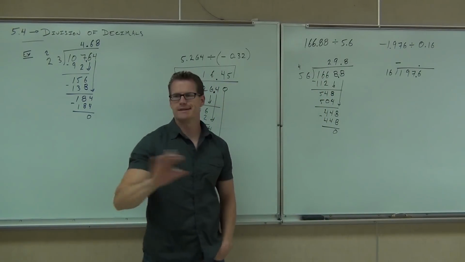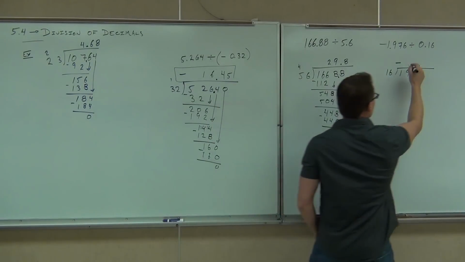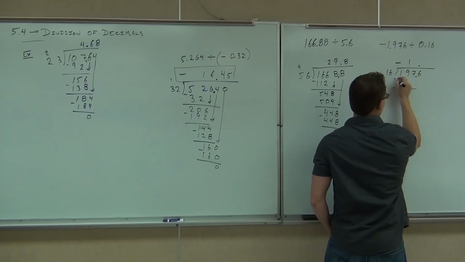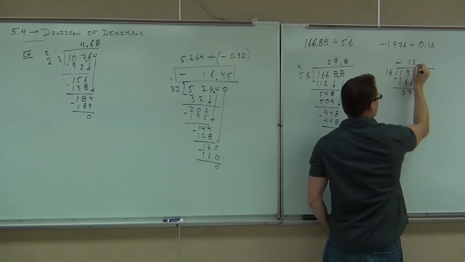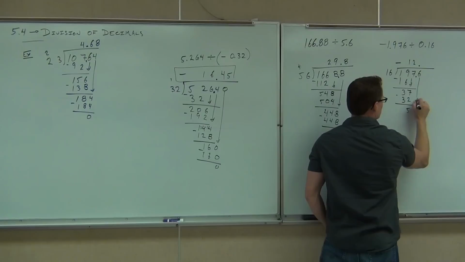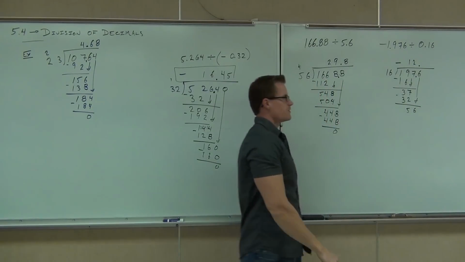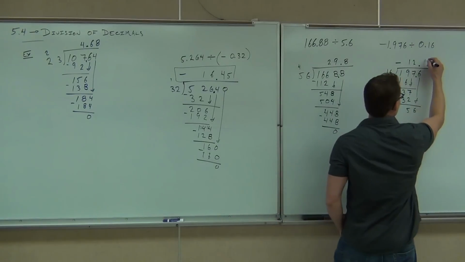16 goes into 1? No, it doesn't. 16 goes into 19? Yes, it does. How many times? Once. So of 16, we'll subtract, we'll get 3, bring down our 7. I'm guessing that goes in twice because that's 32. If I subtract and I bring down my 6, 16 into 56, how much is that? 3 times? 48.